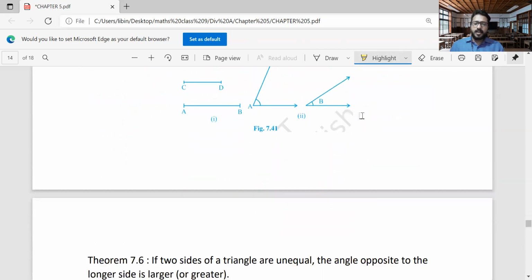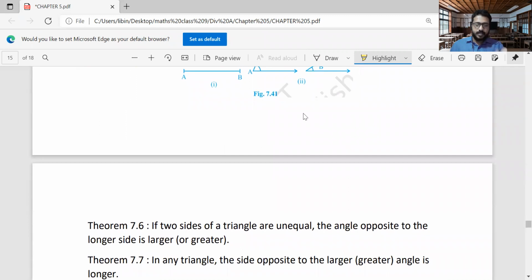Consider this theorem. If two sides of a triangle are unequal, of course it means one side is greater and the other side is smaller, the angle opposite to the longer side is larger. I will show you.